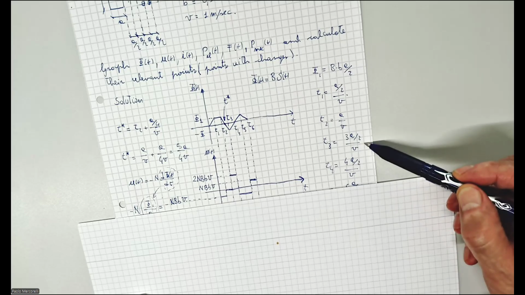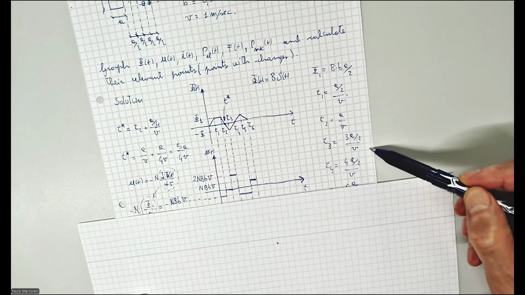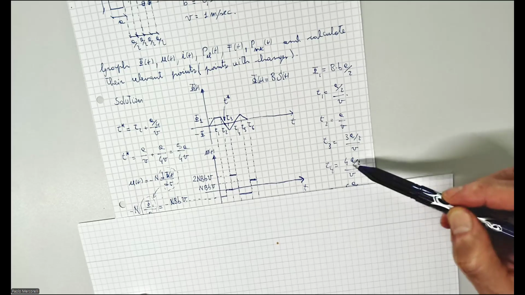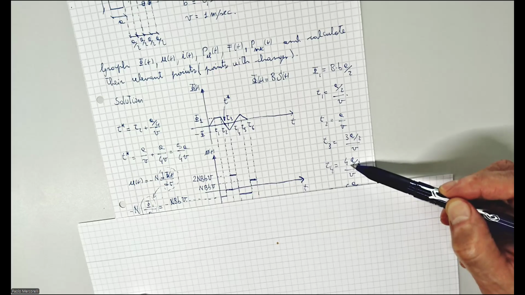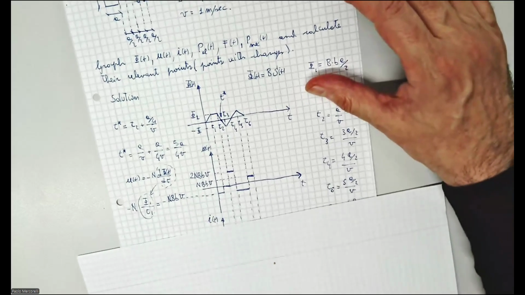Plus A divided by 2 divided by V. This is wrong. It's not 4. This is wrong, right? It seems to be wrong.